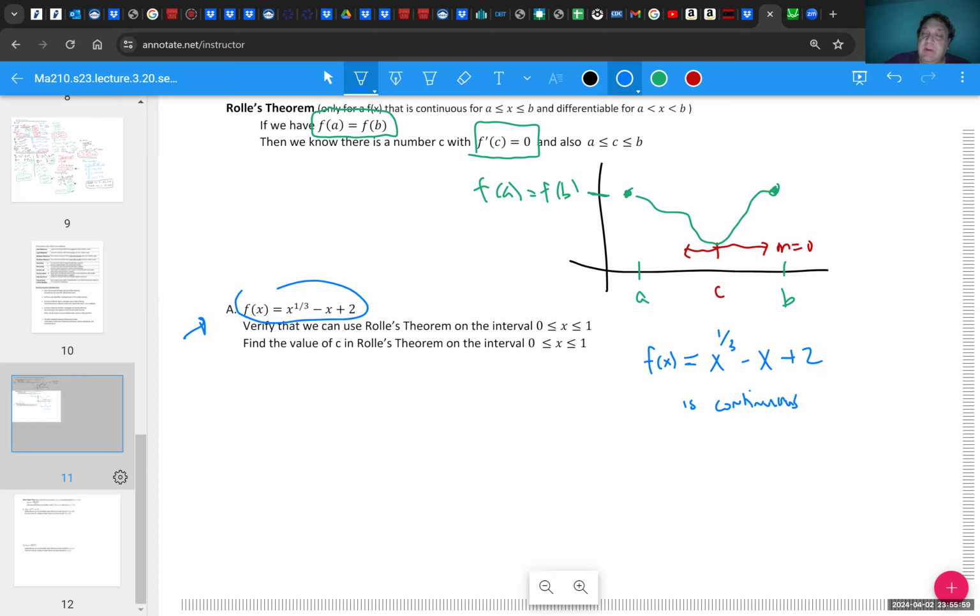It's the sum of continuous functions, right? So if you have a continuous function, you add it to a continuous function, it's still continuous. There's no division by 0. There's no logs of a negative number, etc. Right? So we know it's continuous because it doesn't have any undefined places.